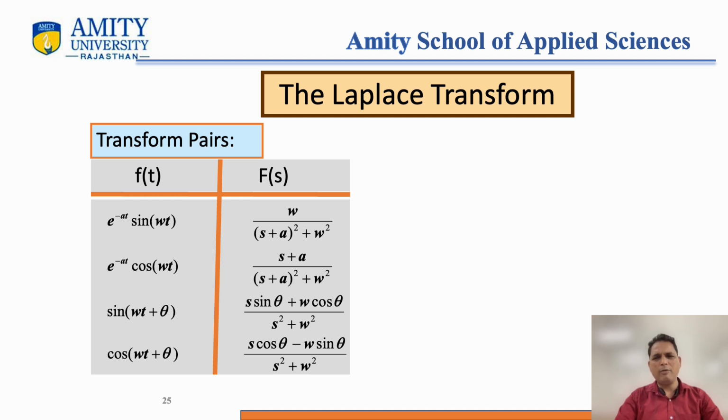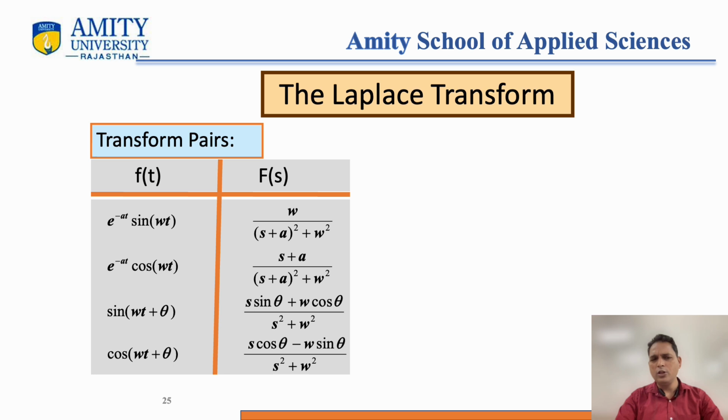It can be evaluated by using the formula for sin of a plus b. Sin a plus b is sin a cos b plus cos a sin b. So if you separate them, you solve them separately and put in the value of the Laplace transformation of sin omega t, with cos theta as a constant. Next, sin theta becomes a constant, and we have to find the Laplace transformation of cos omega t.